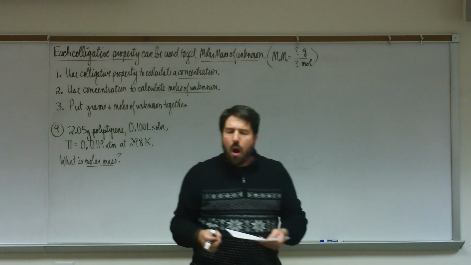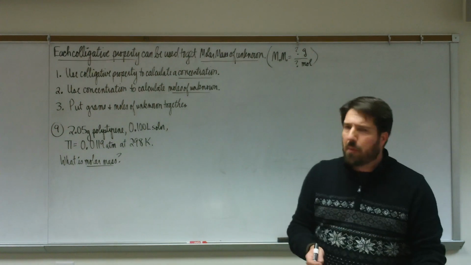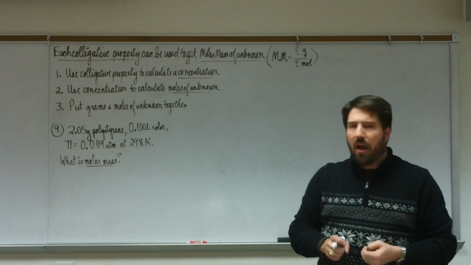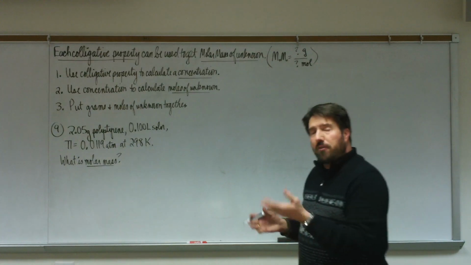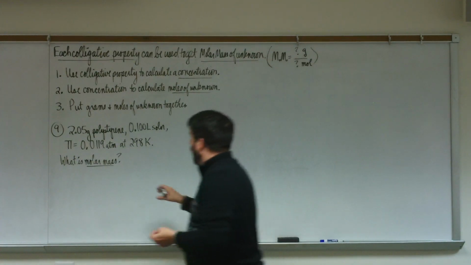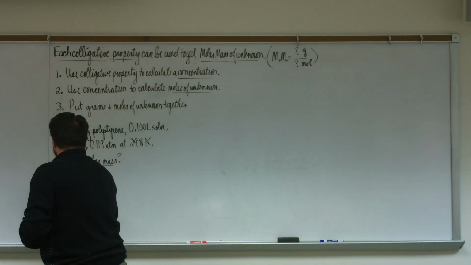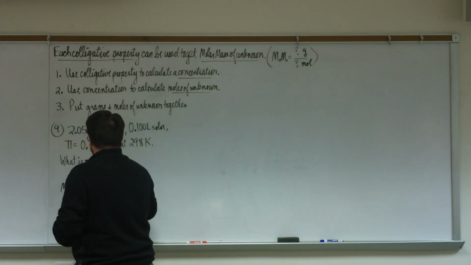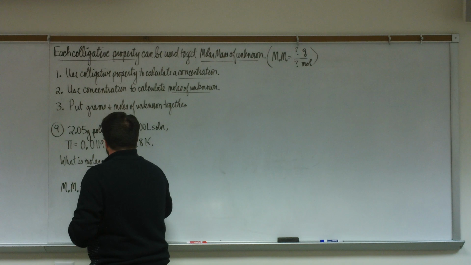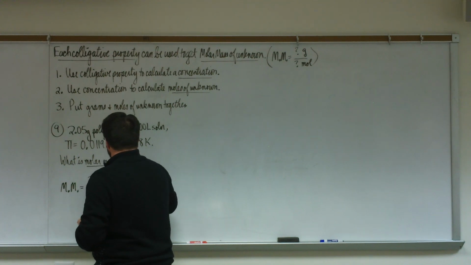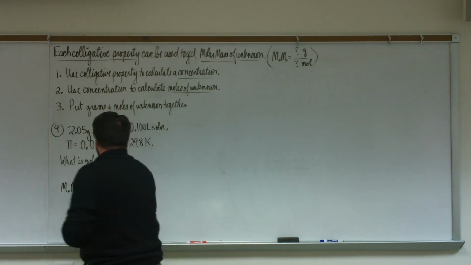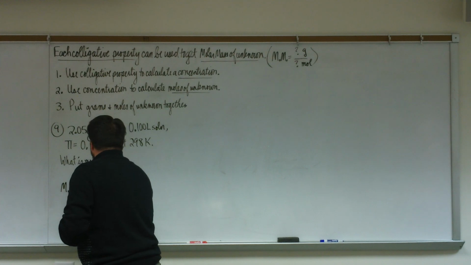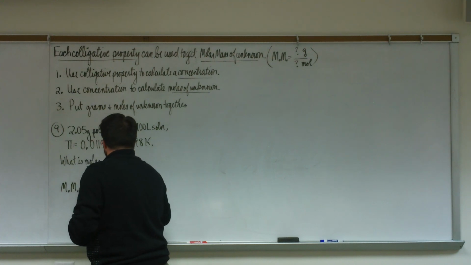Well, this is not a problem if you will remember, and you will have to remember that the units of molar mass are the equation, and you have to know the units, which are grams per mole. So you are going to need the number of grams of the polystyrene at exactly the same time that you know the number of moles of polystyrene.